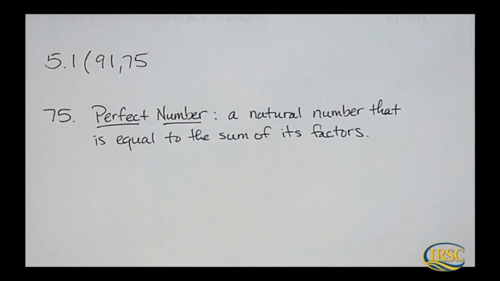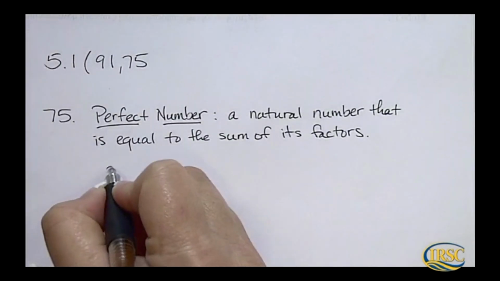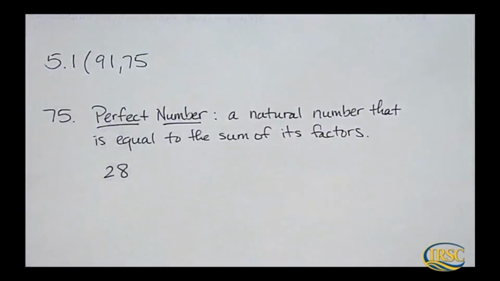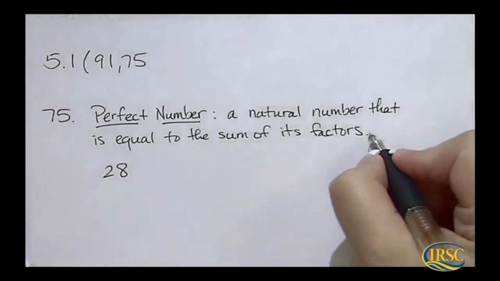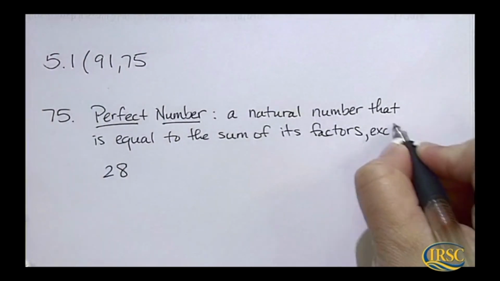So it says determine if the number given is a perfect number. In this particular problem, it's the number 28. Let me write that, add this in, excluding itself.